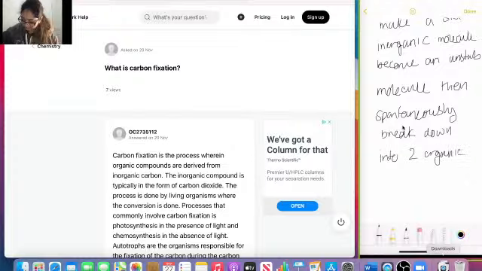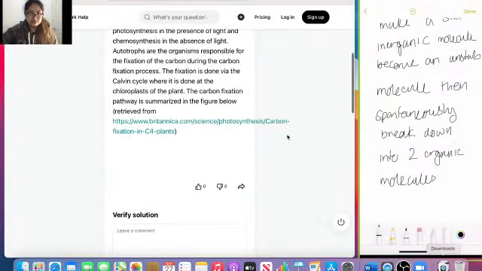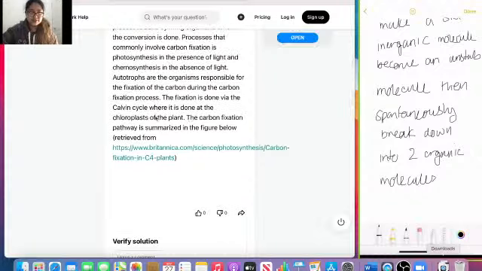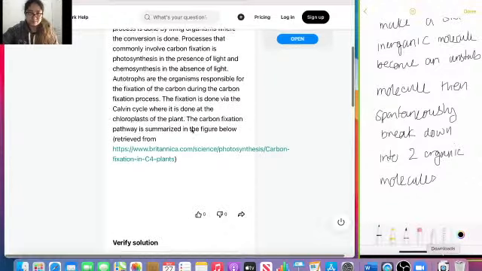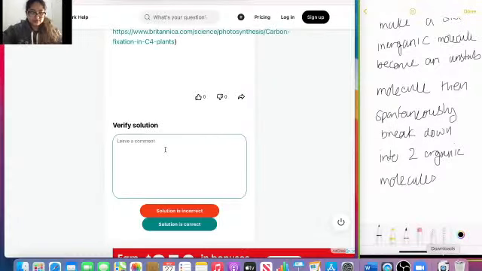Okay, so this is basically what carbon fixation is. And yes, so they're saying the fixation is done by the Calvin cycle, and yes, so this is correct.